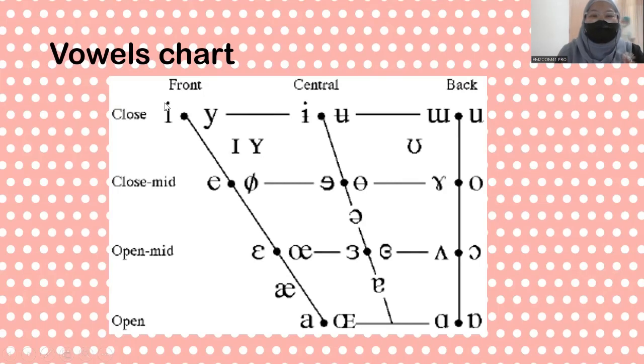So front, close, close mid, open, central, back. So front close vowels are the E sound, or close mid vowels like a sound. You will study it further when you take your phonology class.